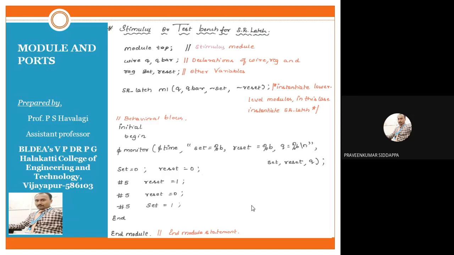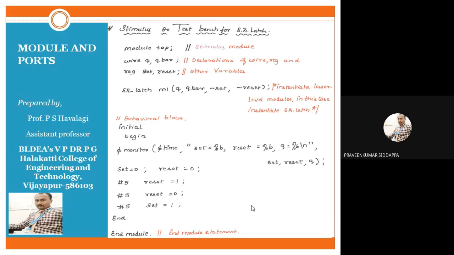Next, the next line is optional, which means you can write it or you can leave it, no problem. For what purpose have we written the next line? That is a system task, which we have already studied, so it should start with a dollar sign.